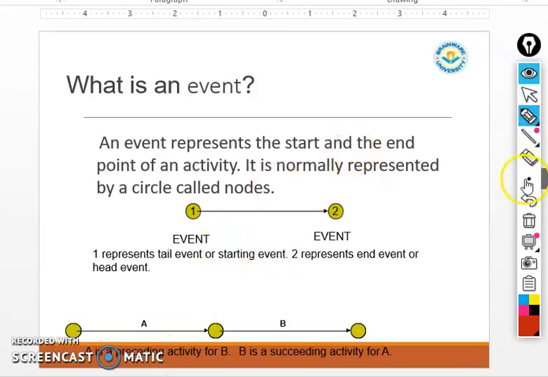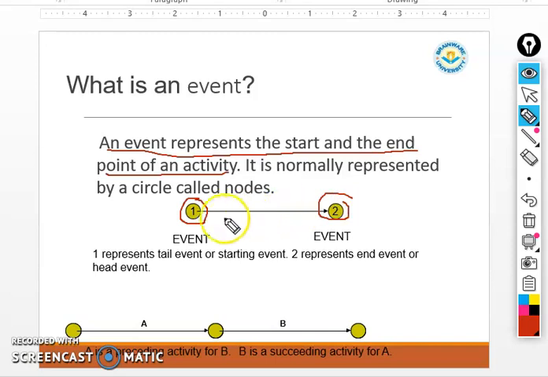An event represents the start and the end point of an activity. That means they represent the event.